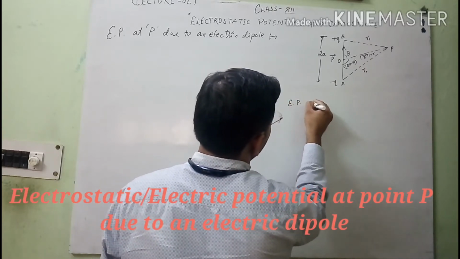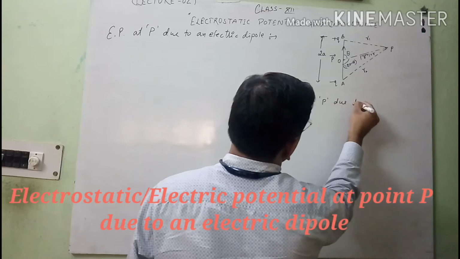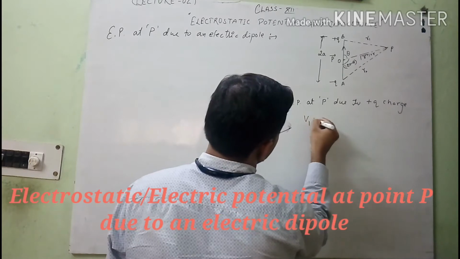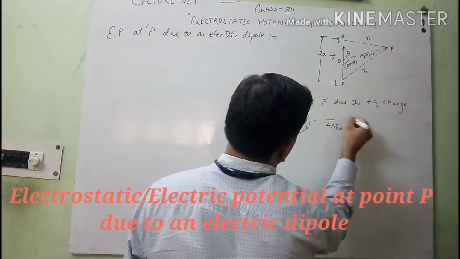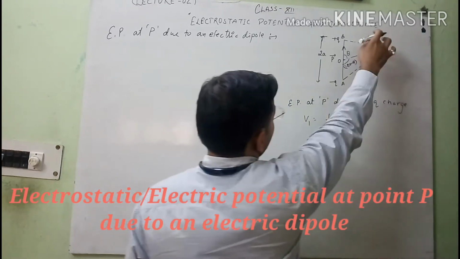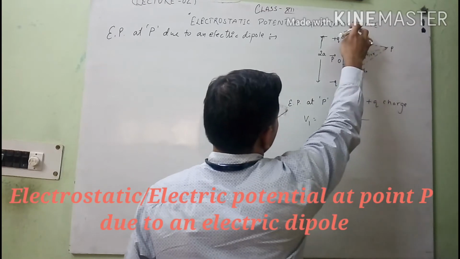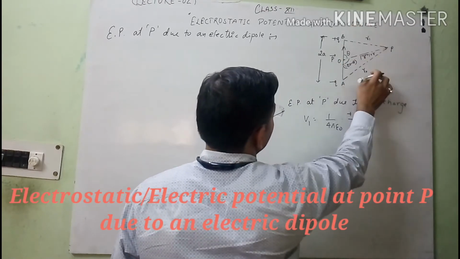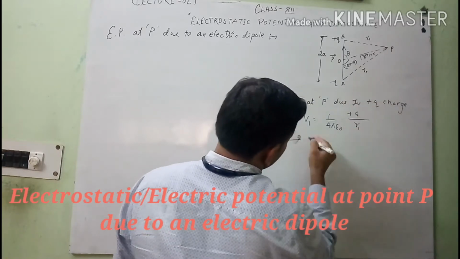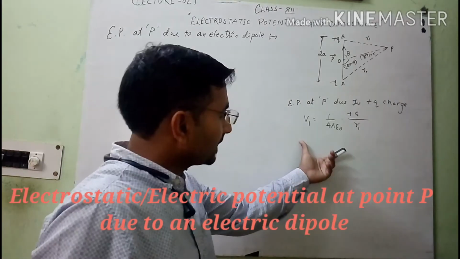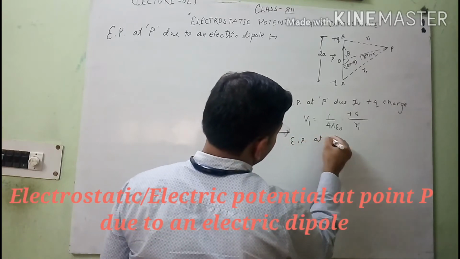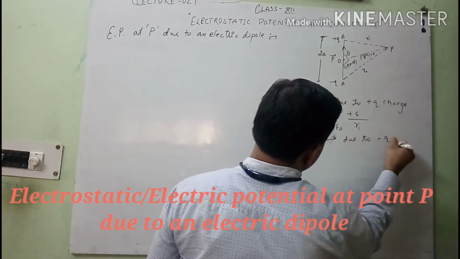Electrostatic potential at P due to plus Q charge is V equals 1 over 4 pi epsilon naught times plus Q over R1, because R1 is the distance of the point P from the charge located at B, and R2 is the distance of point P from the charge located at A. This is the formula of electrostatic potential due to charge plus Q at P.